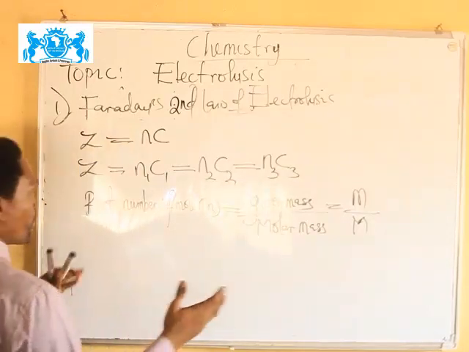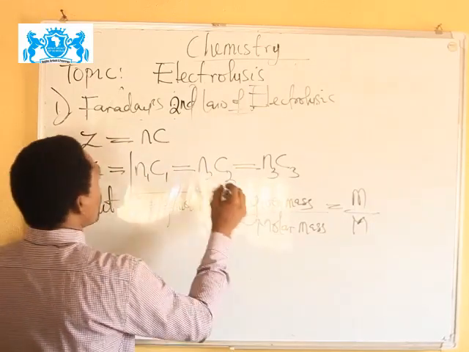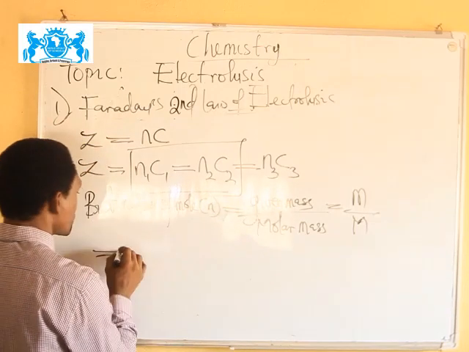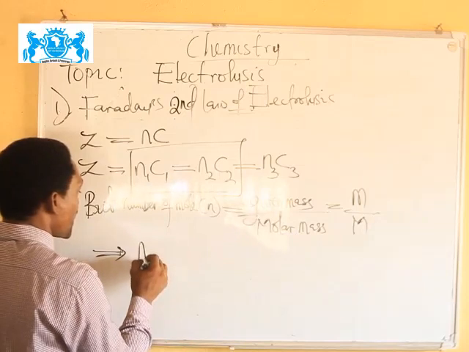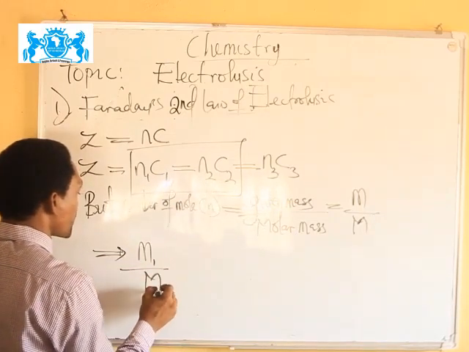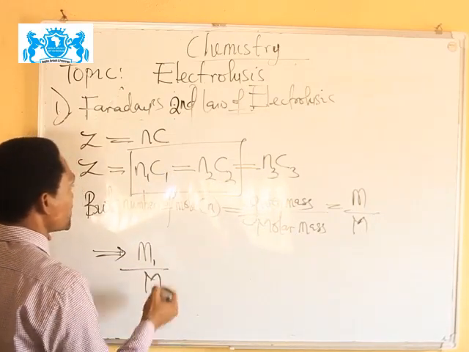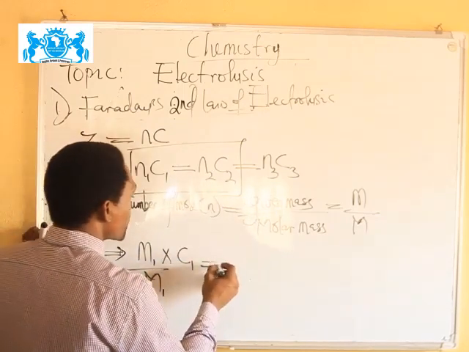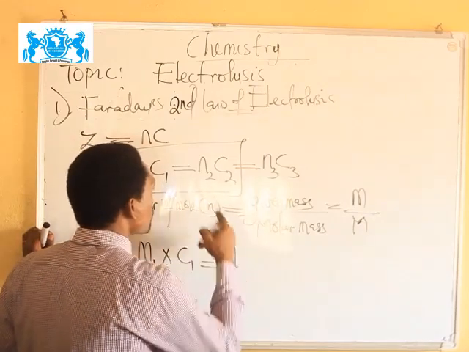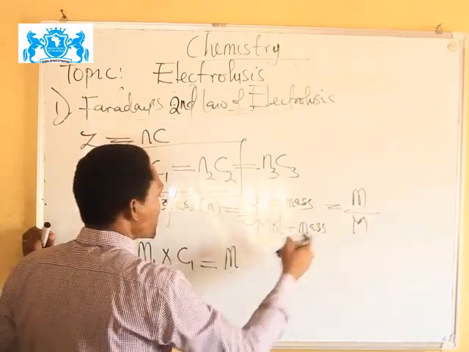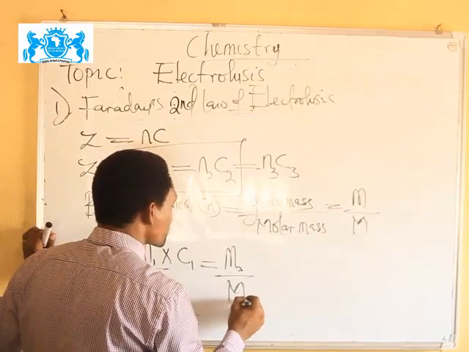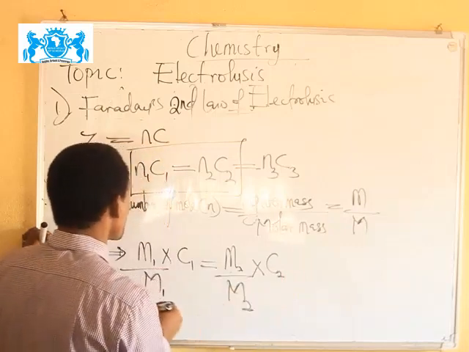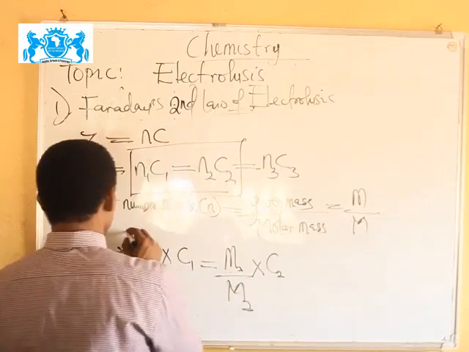if we are talking about comparing two electrolytic cells, let's assume we want to compare the first two electrolytic cells, we'll just say m1 all over the molar mass of that element, times C1, is equal to m2 all over its molar mass, times the charge C2, and so on and so forth.